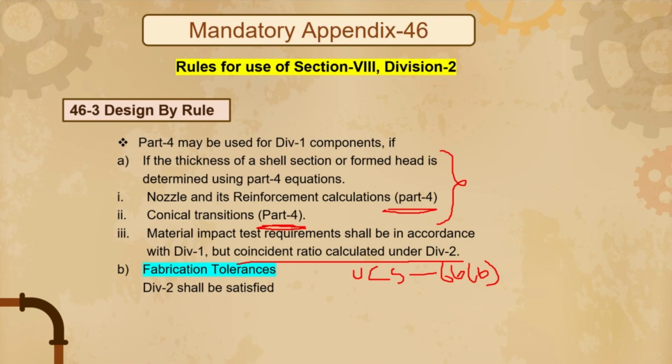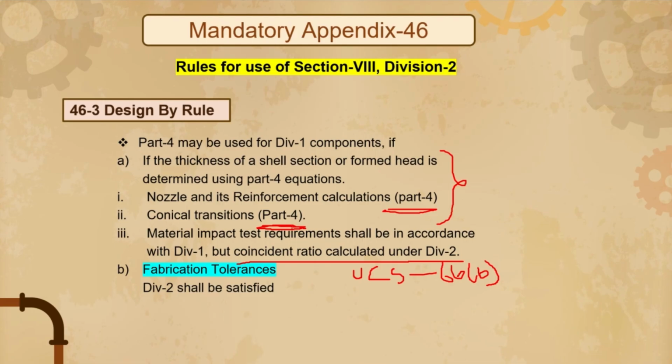The reason behind using Division 2 tolerances is that while developing the formulas, fabrication tolerances were also considered by the ASME committee, guys. Each division has different formulas according to their fabrication tolerances. In Division 1 we have only design by rule, but in Division 2 we have design by rule and design by analysis. So according to the methods, the ASME committee took fabrication tolerances into account when developing the formulas.